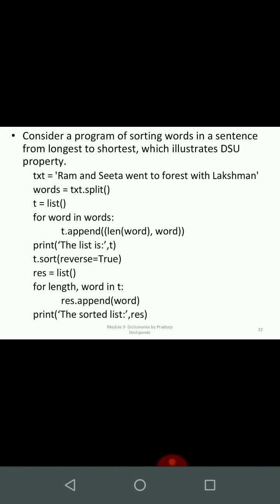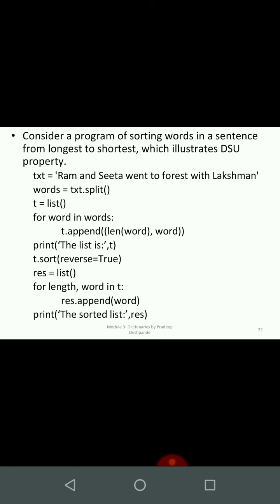We are appending all those words into the list and printing the list here. Then t.sort, we are using the sort function of the list. Reverse equals True means it will sort them in descending order.